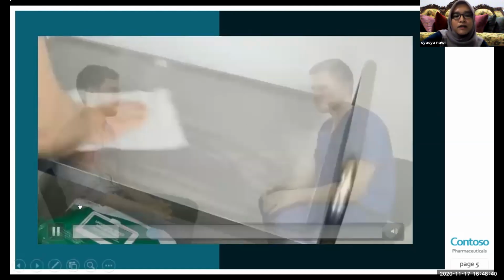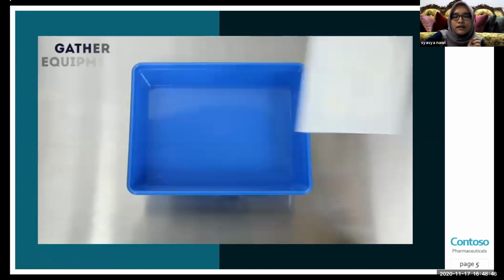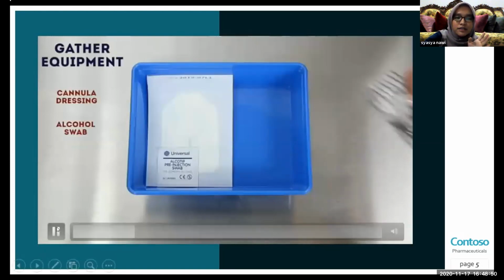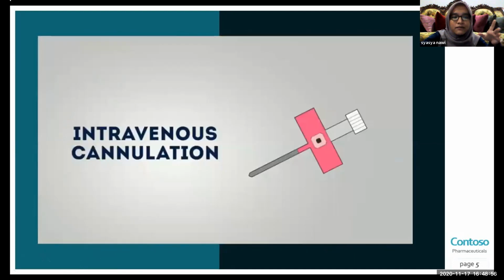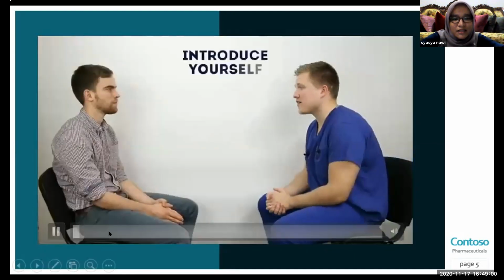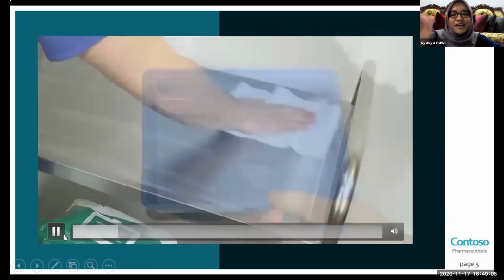After that, we prepare the equipment on a clean tray. Basically, the equipment are the cannula dressing, alcohol swab, a pre-filled saline flush. Sorry, back again.